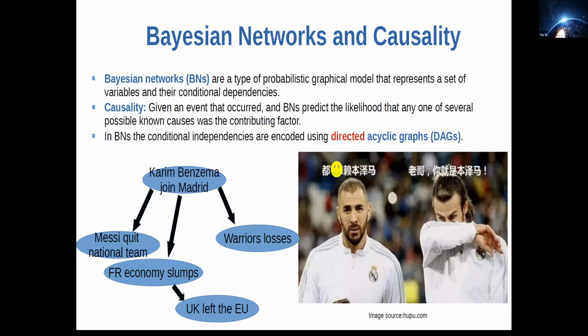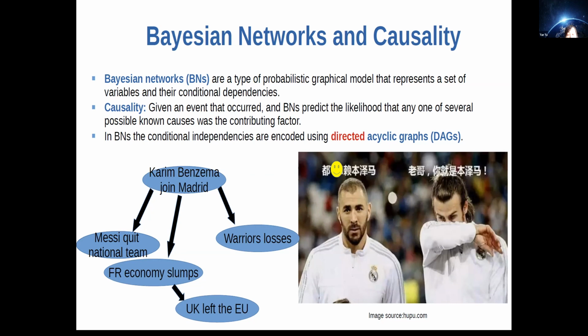This cannot be true. But what we can see here is this causal relation, this kind of conditional dependence, can be encoded by directed edges between different nodes in a graph. We let each cause point to its result, and this directed edge represents the causal relation and also the conditional dependency.